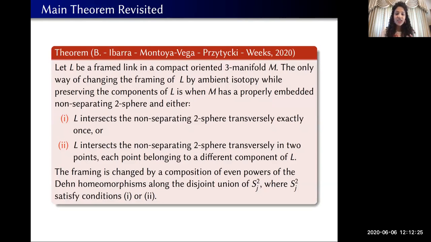And the framing is changed by a composition of powers of Dehn homeomorphisms along the disjoint union of these non-separating two spheres. So the only thing left to show is that even powers of these Dehn homeomorphisms are isotopic to the identity. And we are going to show that now.